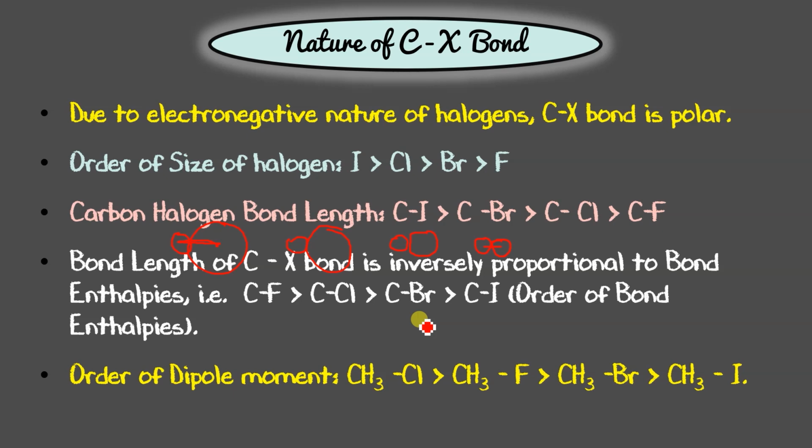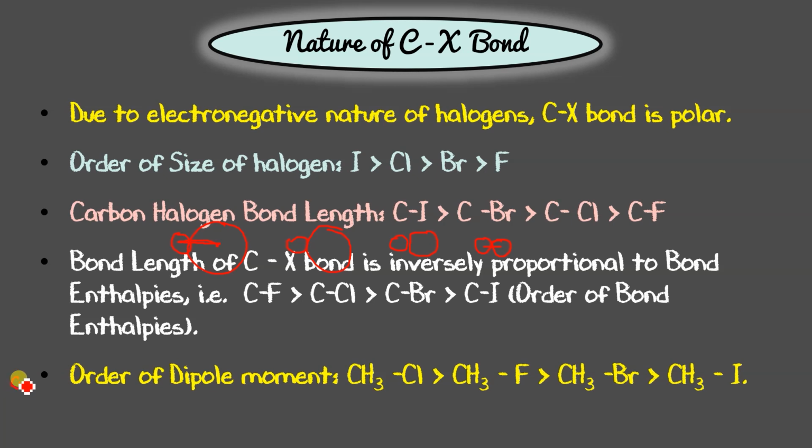Hope it is clear. Next, if we talk about the dipole moment, chlorine's dipole moment will be more than fluorine, than bromine, than iodine. You can say that fluorine has the smaller size, so it is the more electronegative atom, so its dipole moment should be high. Yes, but the formula for dipole moment is charge into distance.